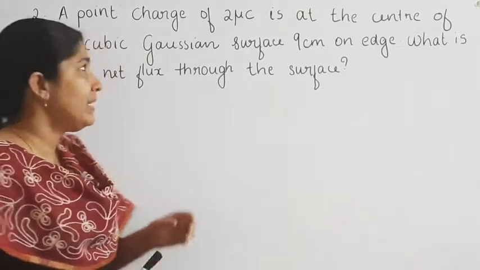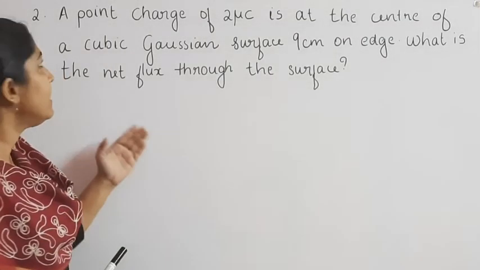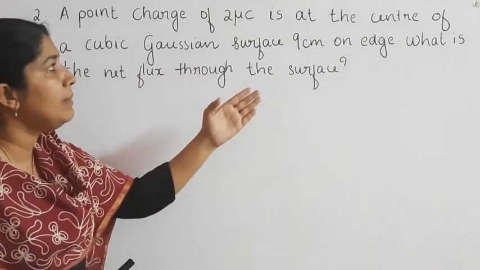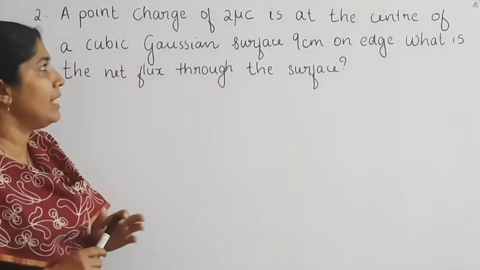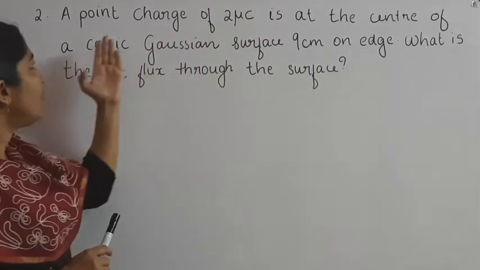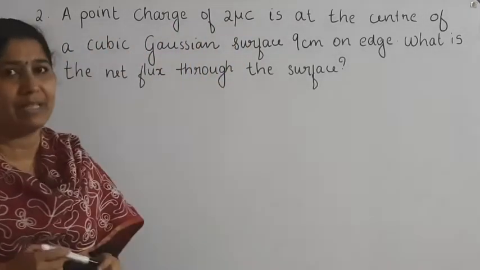Our second question is: a point charge of 2 microcoulomb is at the center of a cubic Gaussian surface 9 centimeter on edge. What is the net flux through the surface? Here the charge of 2 microcoulomb is placed at the center of the cubic Gaussian surface.